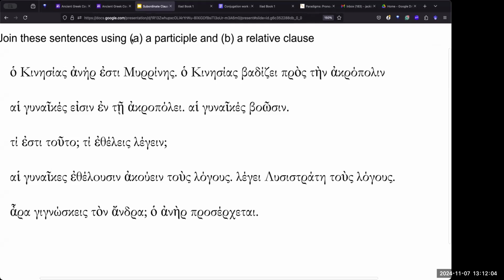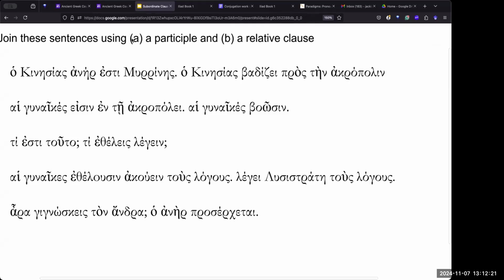In English, relative clauses have to follow almost immediately after whatever they're attached to. In Greek, you don't have to. But that means in Greek you have to be more aware: that floating hos, what does it go with? Oh, it goes with Kinesias.